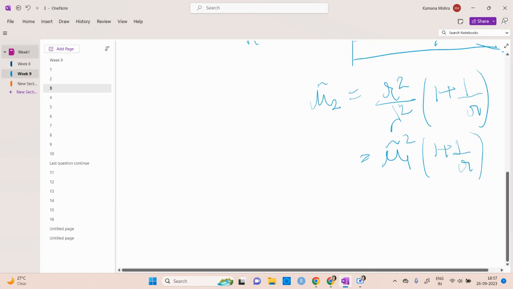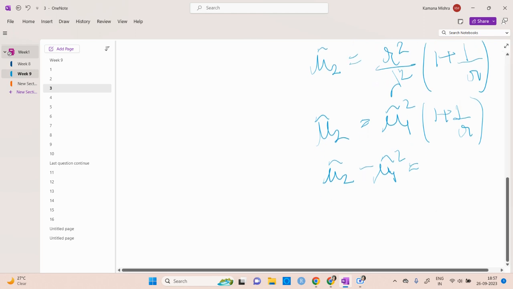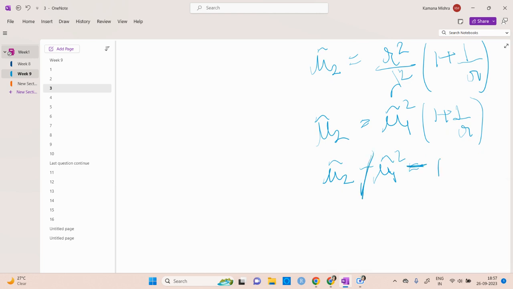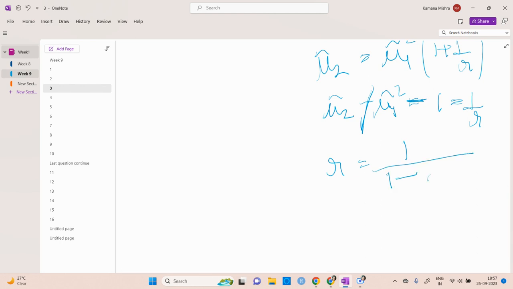Now you have only r here. So mu2 cap divided by mu1 cap square minus 1 is equal to 1 upon r. So r will be the reciprocal of it.